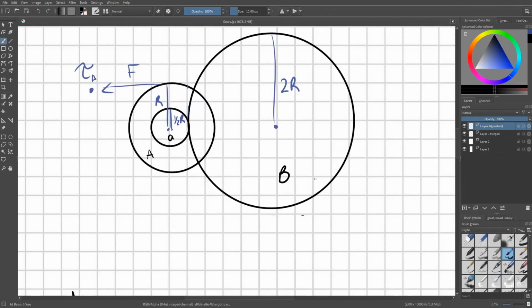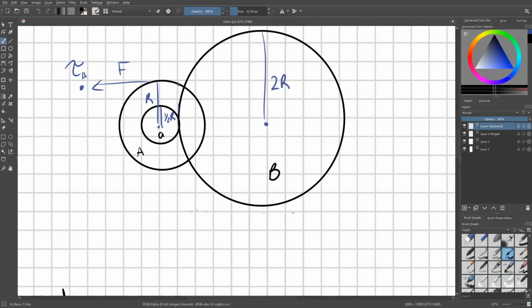So in our final example, we have a compound gear with a torque that's pointing out of the page. And again, we want to find the torque on B. So we can write that whatever linear force this gear has on it, this gear connected to it also has, right?